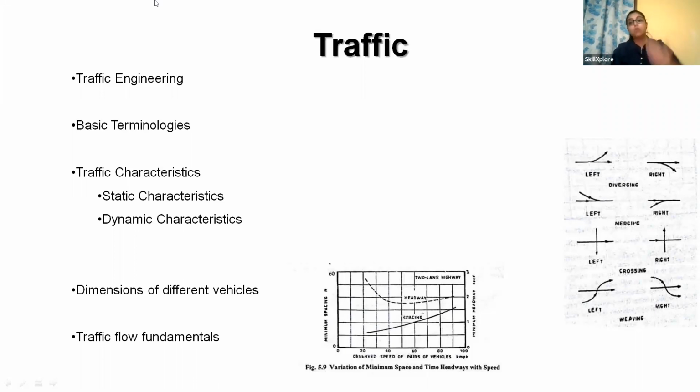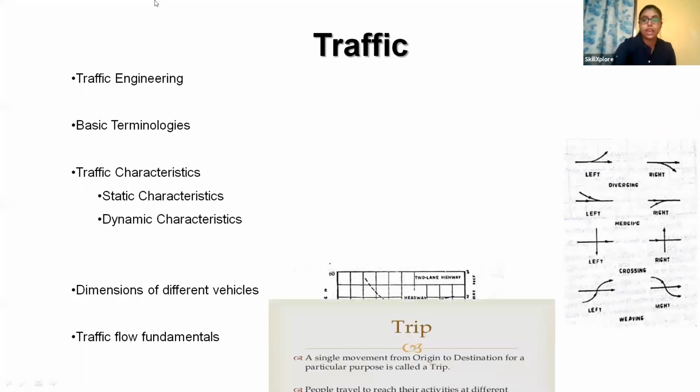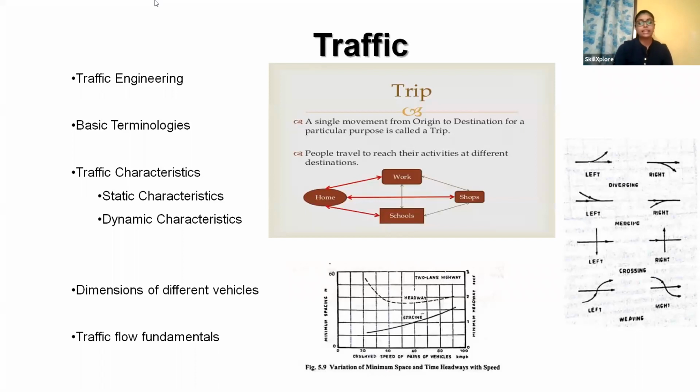So this is actually the most practical way to put the capacity. Mostly, while we design a highway, we consider the practical capacity. So for one single term, capacity, there are this many subdivisions. Those come under traffic engineering.